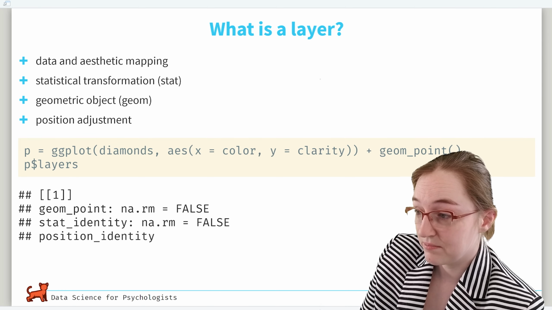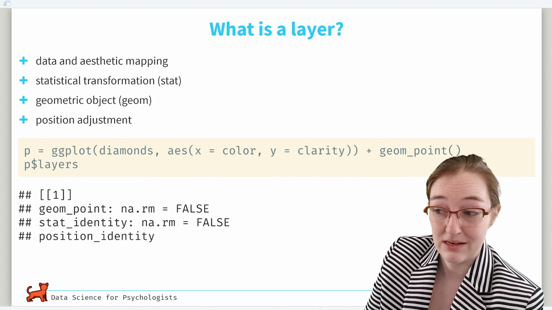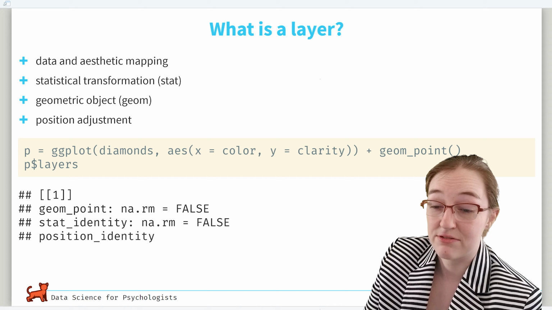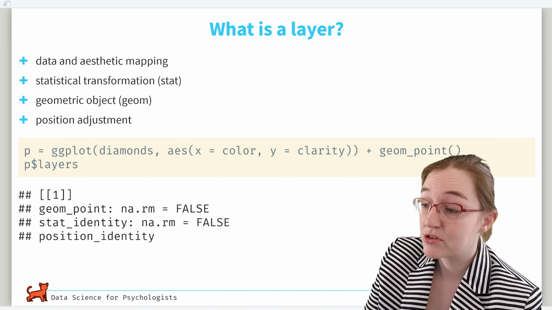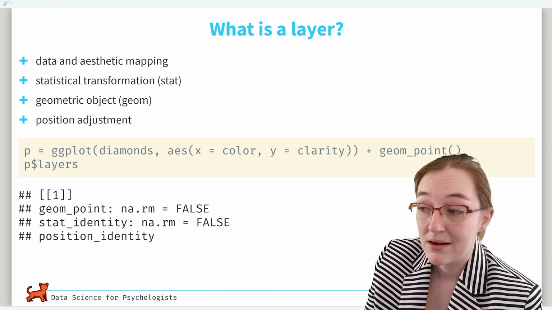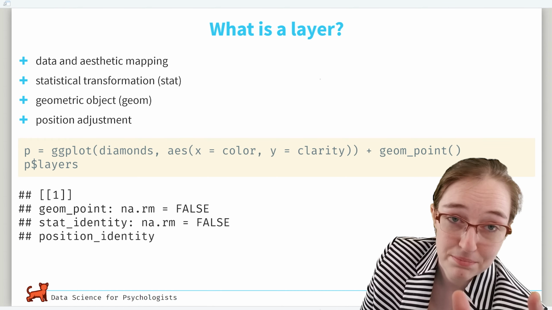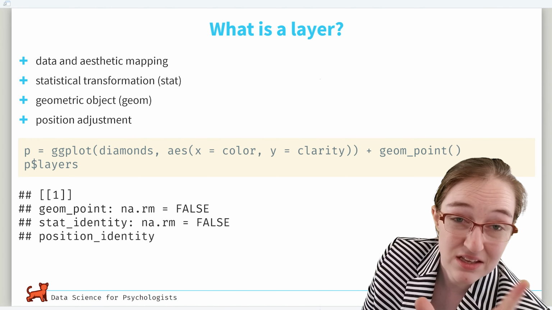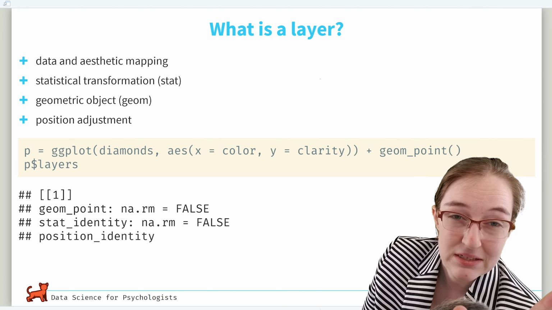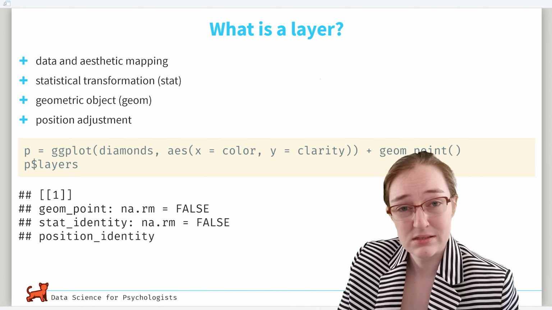For example, here, we've made a plot that just has assigned X to color and Y to clarity and thrown in geom point. I have not reproduced that plot here because I only have so much space, but a cool thing you can do is pull up the layers by saying whatever ggplot thing you've assigned as an object name, and you can summon its layers as its own variable in the list.